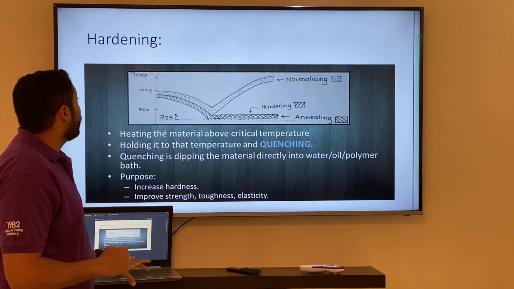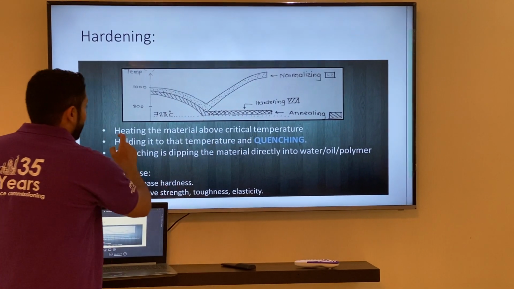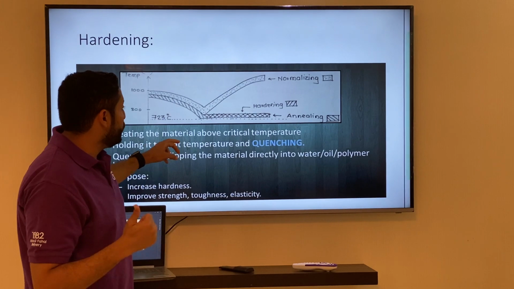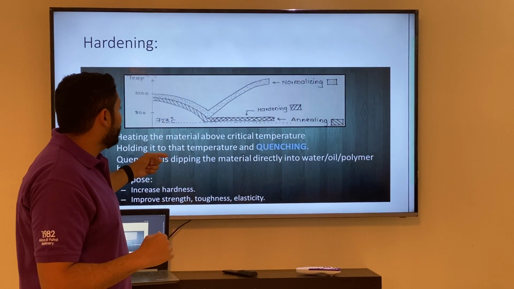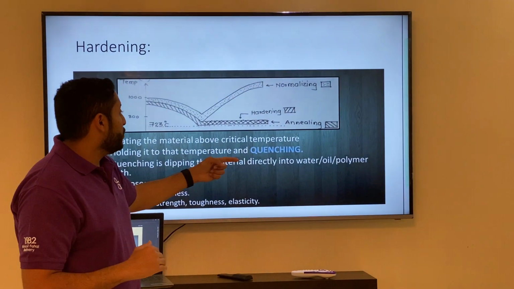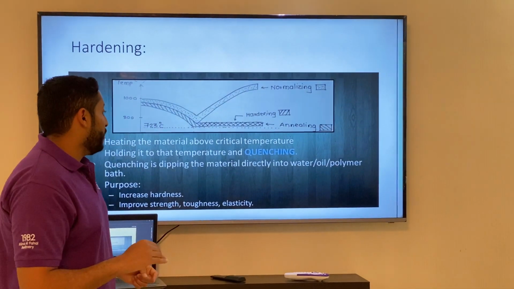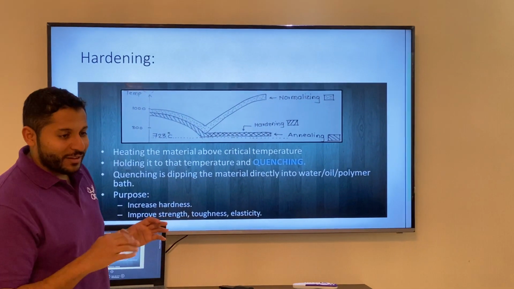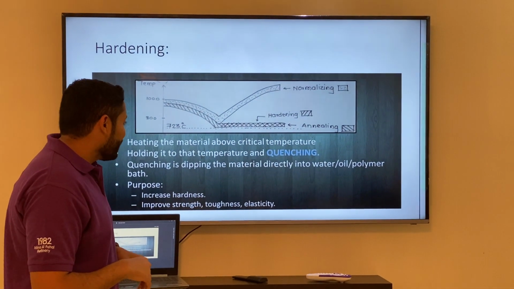Okay, now the last one is hardening. Hardening is mentioned here as heating the material above the critical temperature, holding it at that temperature, and quenching. Quenching is dipping the material directly, like swimming.